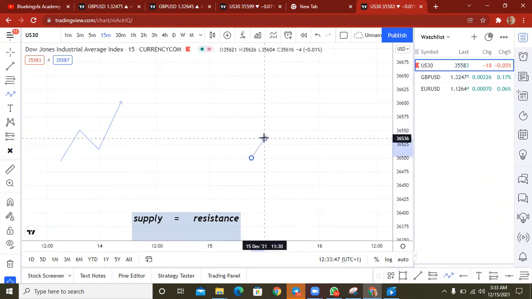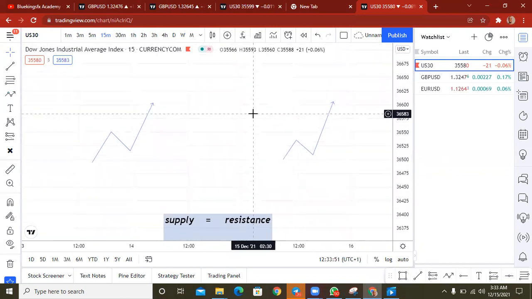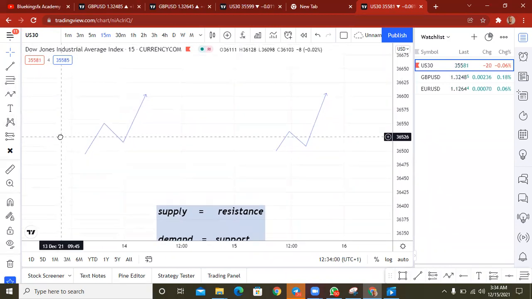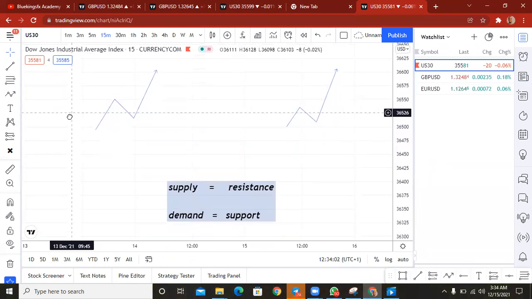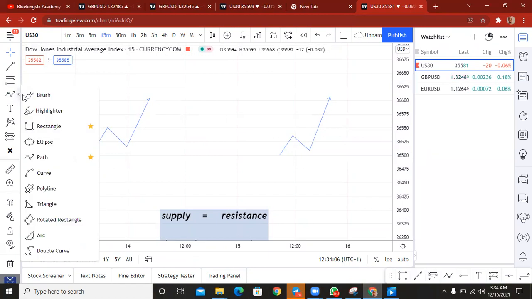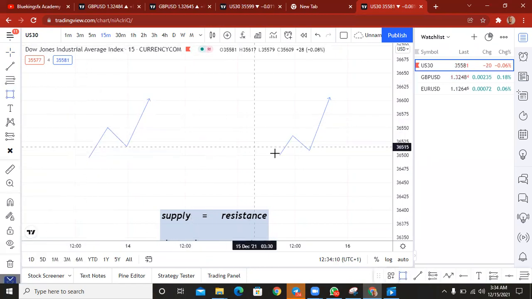We have the same move here, and then one is a supply, one is support. I think I should use, okay. One is demand, one is support, rather.